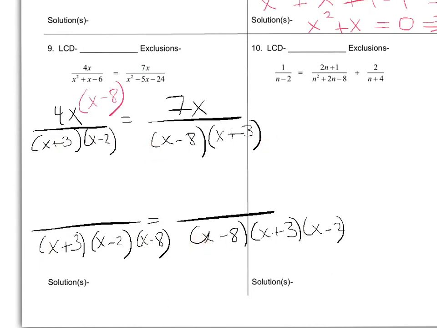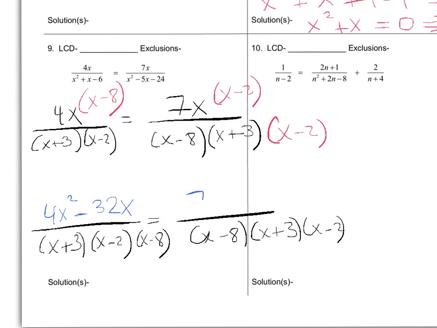Compare this to this. What's missing is x minus 2. You try to make it the same as the bottom, so multiply it by x minus 2. Now let's distribute, so 4x times x, and then 4x times negative 8. So it would be 4x squared minus 32x.